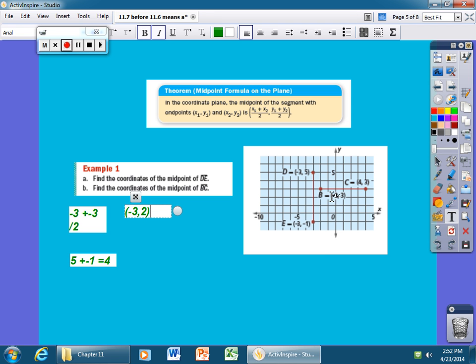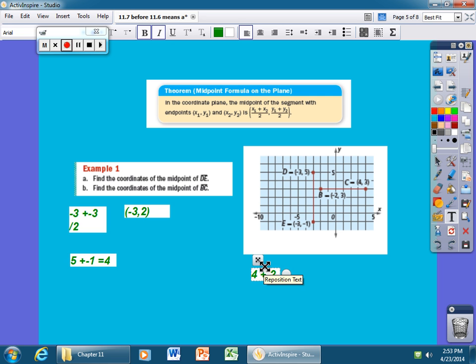We have another one right here. If you notice, this is a horizontal line, so the y is 3 plus 3 is 6, and 6 divided by 2 is 3. But let's look at the midpoint of BC. To get the x-coordinate of BC, I would add 4 and -2.